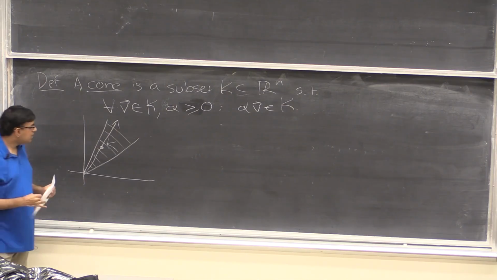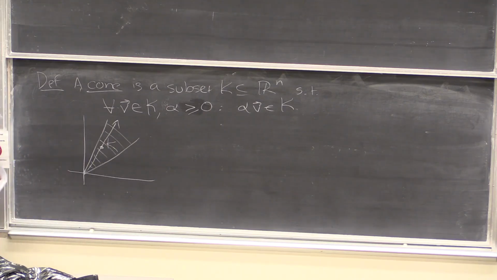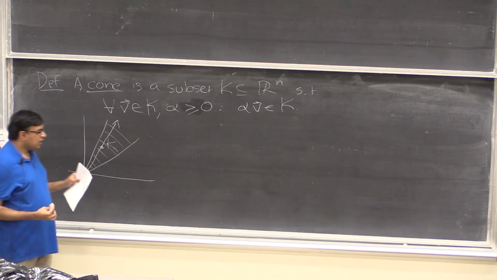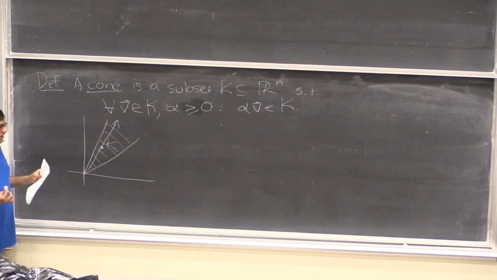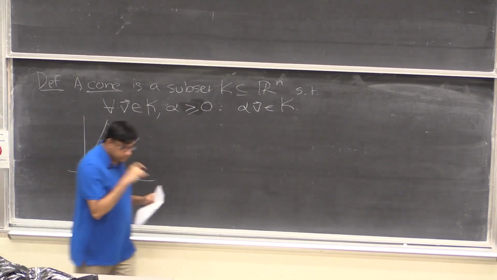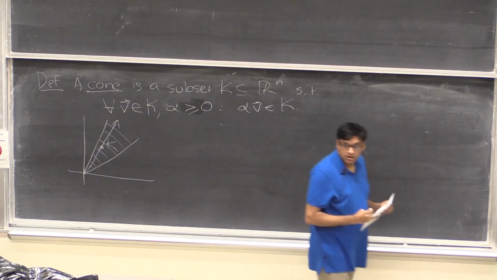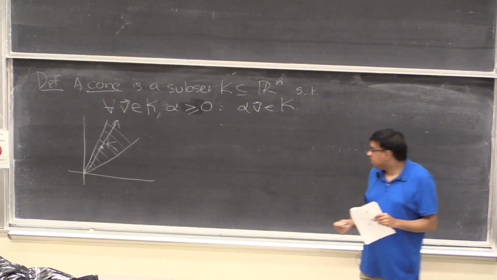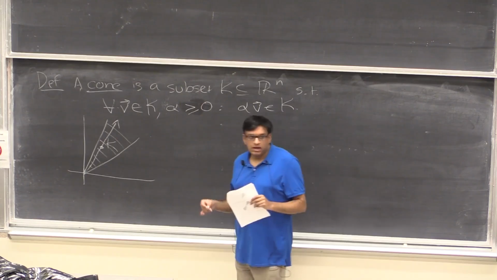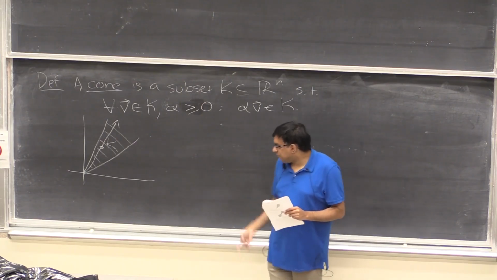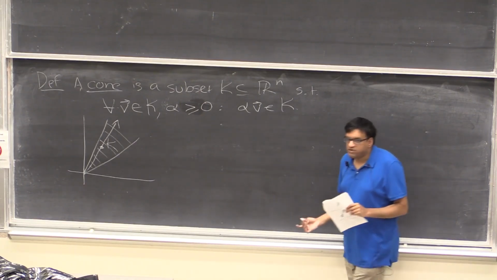So you can equivalently state the definition of a cone as saying that it contains all rays through any of its points starting from 0. Questions?